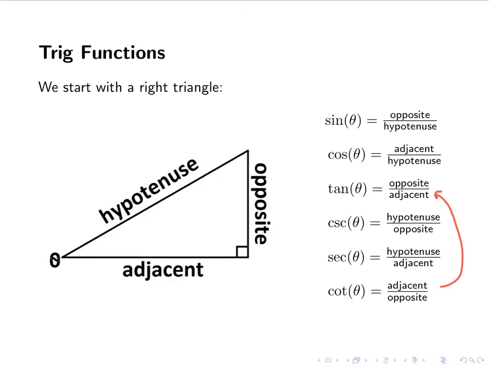So again, each of these bottom 3 functions are reciprocals of the top 3. So cotangent and tangent, secant and cosine, cosecant and sine. Each of the pairs of the function and its reciprocal, one of them starts with CO and the other one does not.